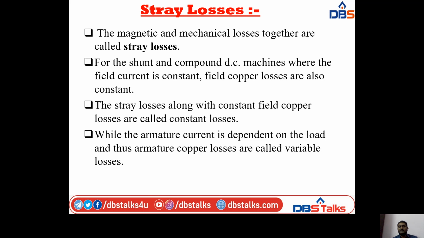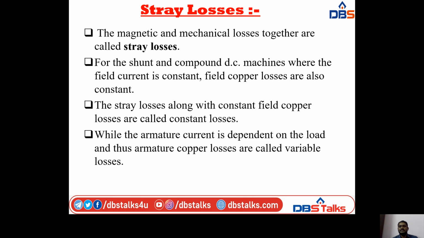For shunt and compound DC machines, where the field current is constant, field copper losses are also constant.